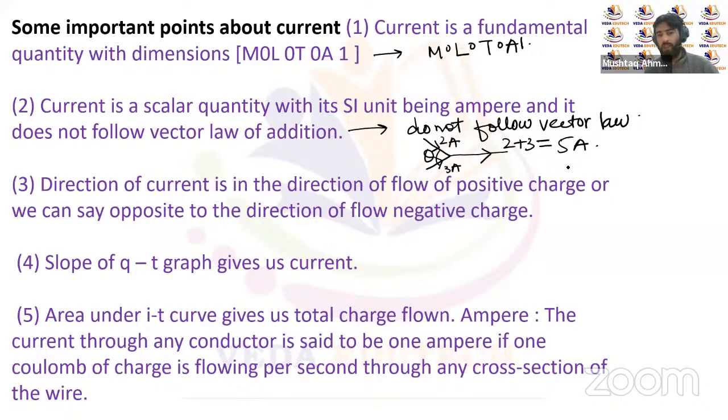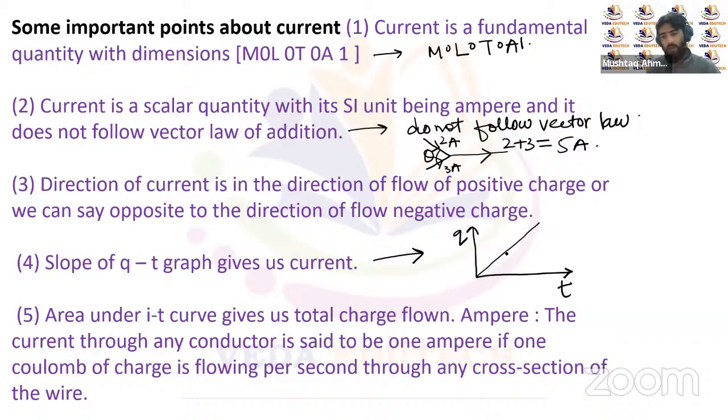The direction of current is in the direction of flow of positive charge, or we can say it's against the direction of flow of negative charge. And the fourth point about current is about the charge time graph. Let's suppose we have been given some charge versus time graph, like this.